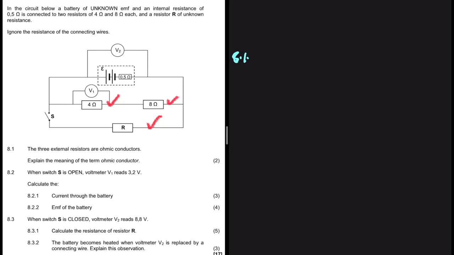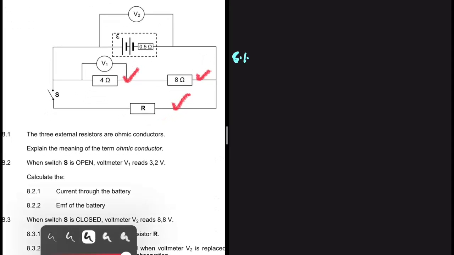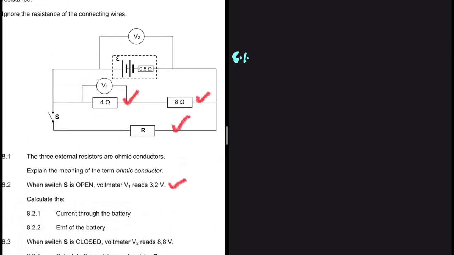The following question is saying that when switch S is open, the voltmeter V1 reads 3.2 volts. So we have a voltmeter V1 right here, and when switch S1 is open, it reads 3.2 volts. What we are required to do is to calculate the current through the battery. So let's look at V1.